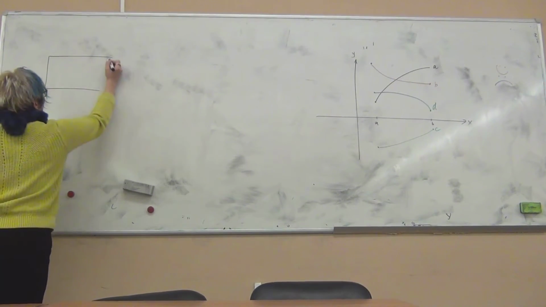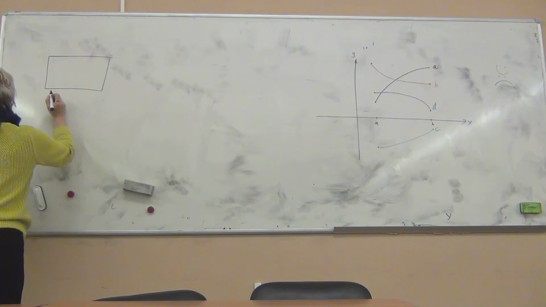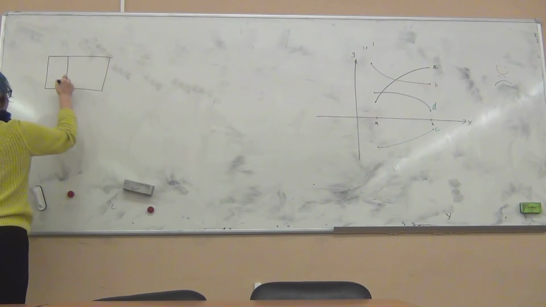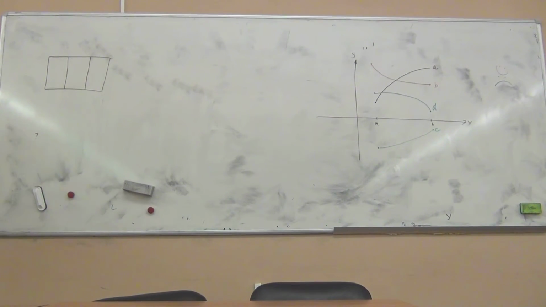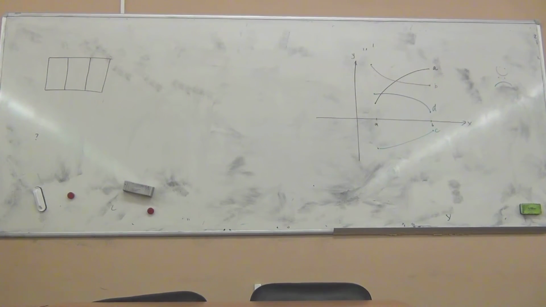Okay, suppose we want to build this shed consisting of 3 separate rooms which are exactly identical, equal size. And we need, let's say, the total floor space 600 square meters.